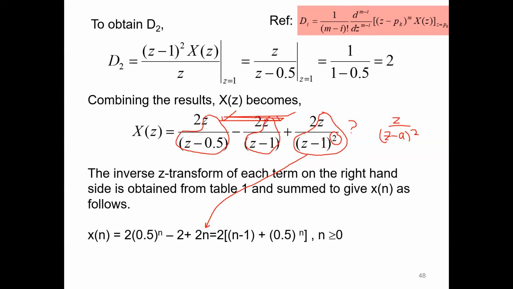But if it was z minus something else, not 1, maybe 0.5 or plus half or minus 2 or whatever, make sure you take this number and raise it to the power n, and also make the little adjustment here.